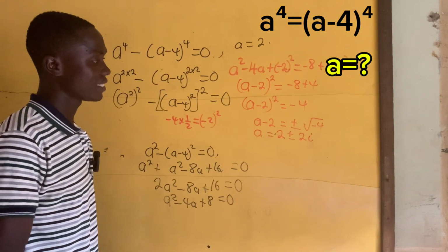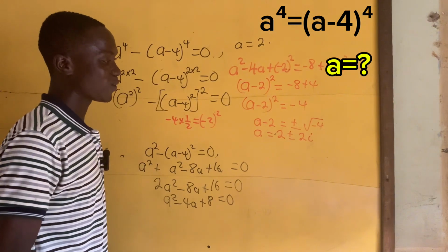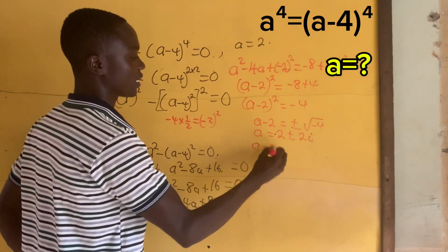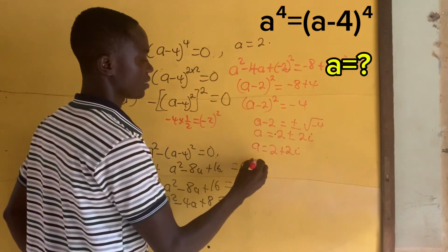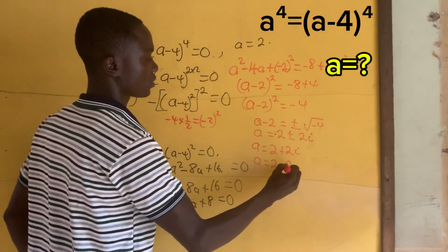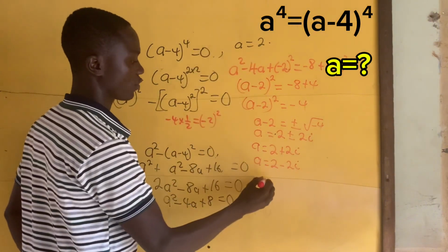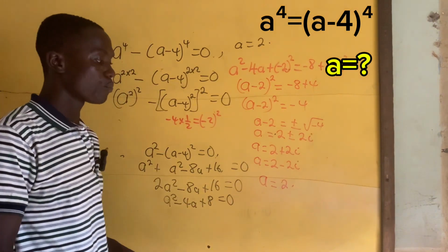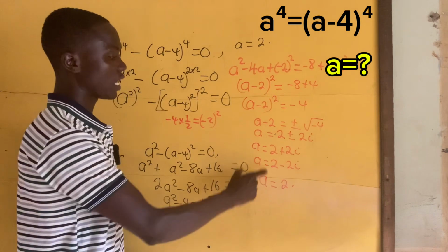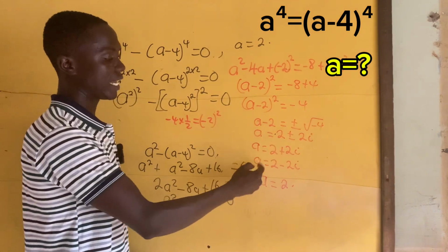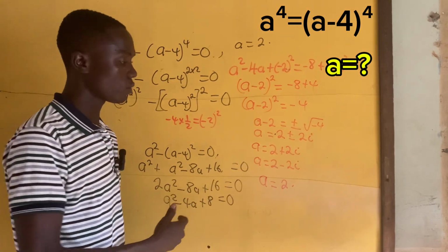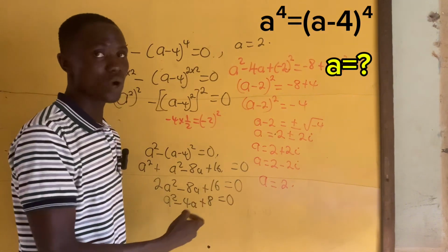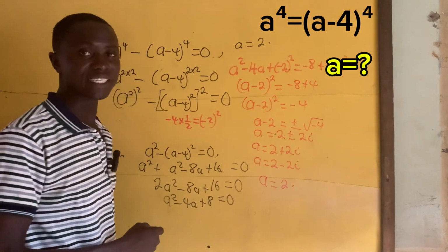We are done, right? That's all. So we get a equals 2 plus 2i, a equals 2 minus 2i, and from the first one we have a equals 2. So these are the possible values of a: a equals 2 plus 2i and a equals 2 minus 2i in the complex world, and a equals 2 as the real number.